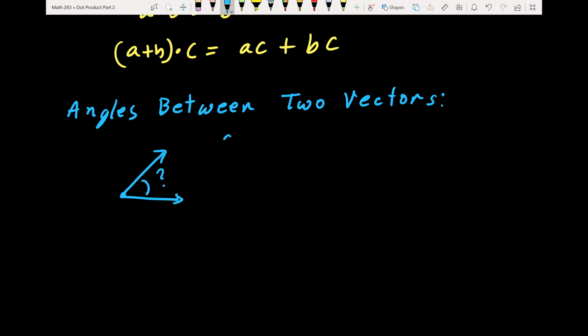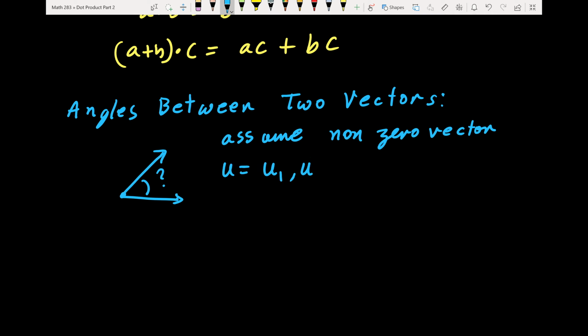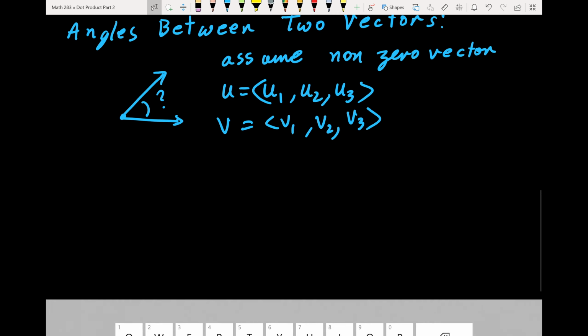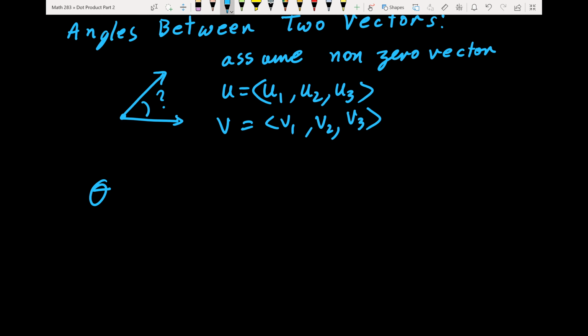We're going to assume non-zero vectors. All right, let's use this. U is U1, U2, U3, and V is V1, V2, V3. Here's your angle.